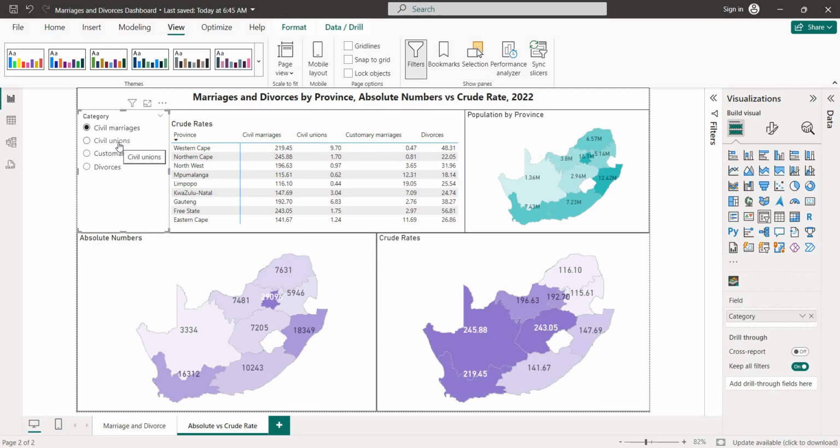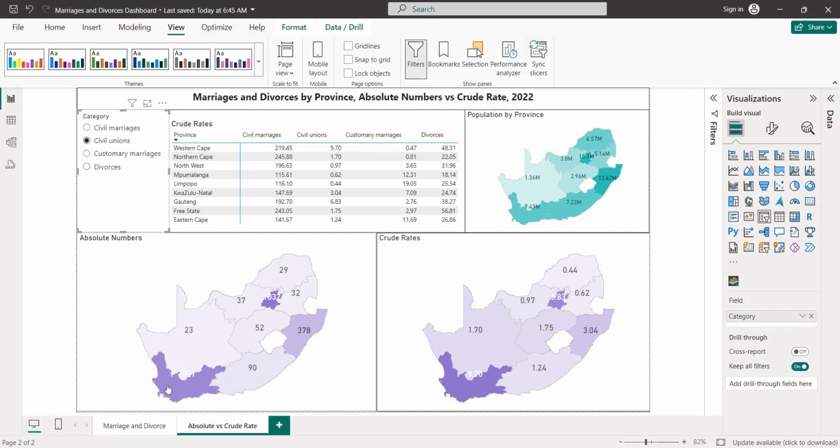So similarly, having a look at civil unions, we see that the highest number of civil unions are in, again, the Western Cape, Gauteng, and KZN.